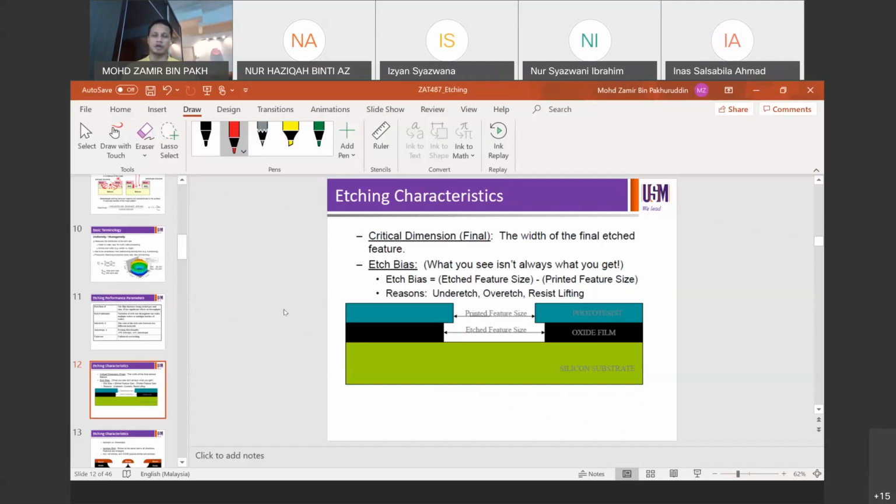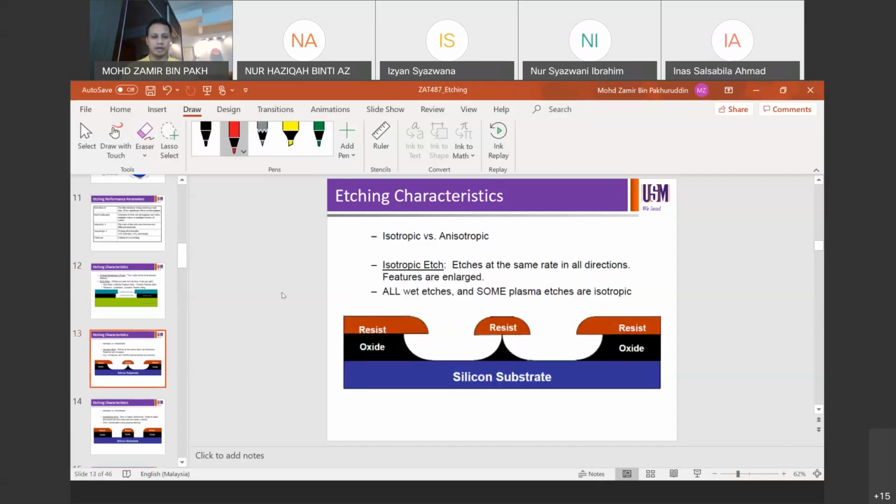If you're seeing from the top, just like I drew just now, atas you akan nampak yang warna hijau tu je, but you don't see the width of the oxide under the resist cut due to the DI-FI bias. Okay, so bila you dah etch, baru you tahu what is the exact CD of your printed oxide, right?